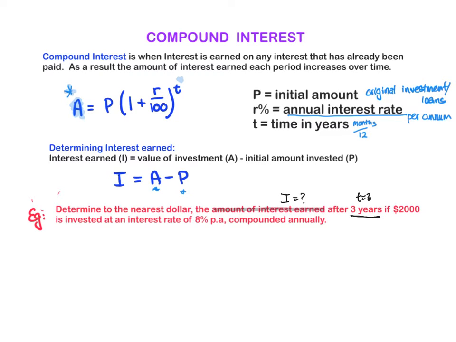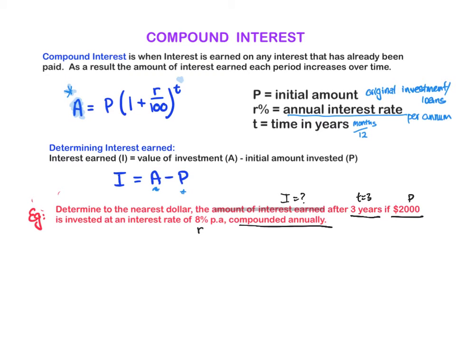If 2,000 is invested, I know that's the P, and at an interest rate of 8% per annum, so there's my R. They will tell you if it's compounded annually. They have to tell you when the interest is getting charged. So this one, they're going to work out the interest at the end of every year. If they work out the interest at the end of every month, that will be different.